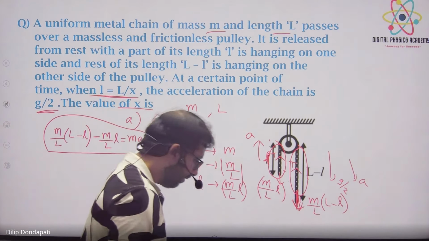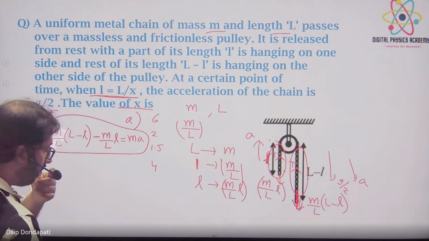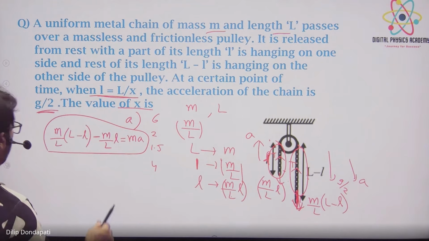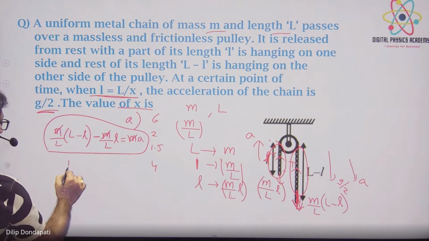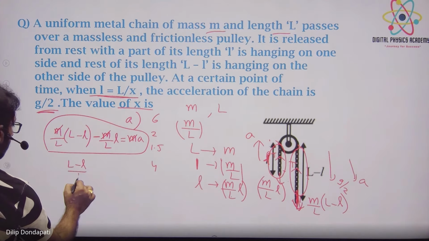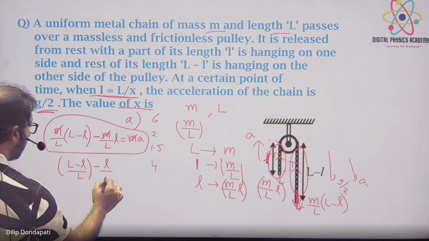Now solve. Sir, I got x equal to 4. We will see, you do it. Now solve and find the acceleration. m cancels, so capital L minus small l by capital L minus small l by capital L is equal to a.